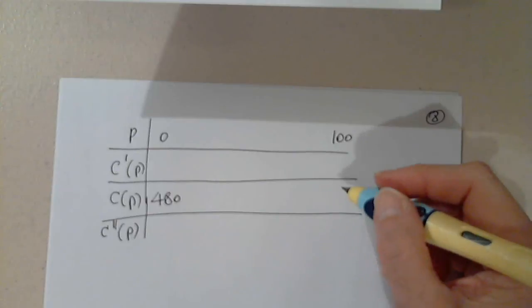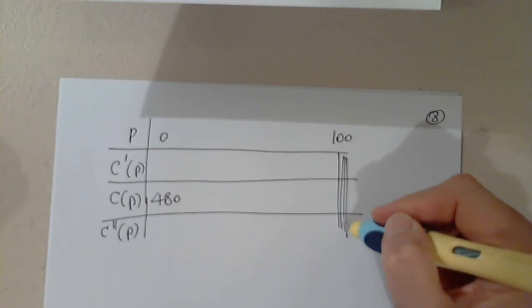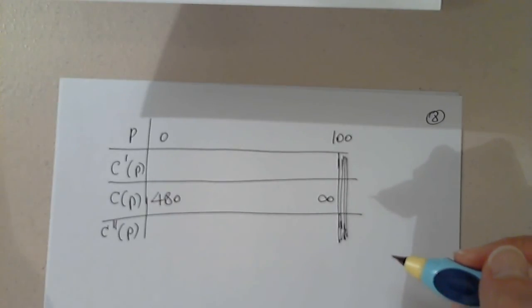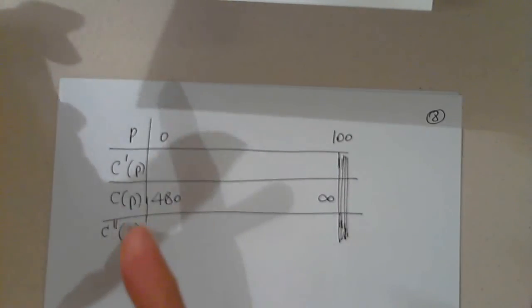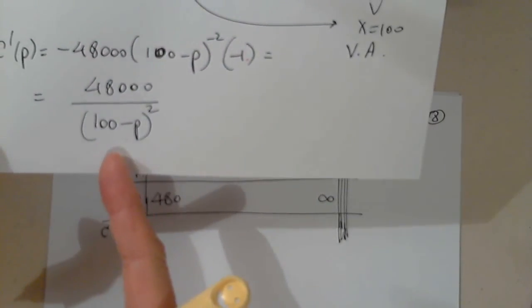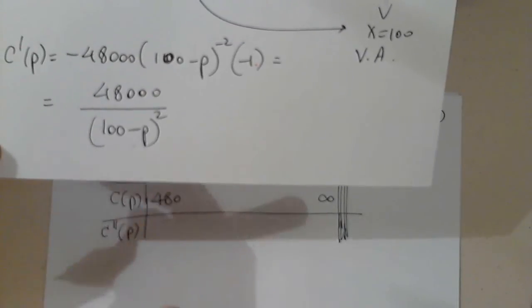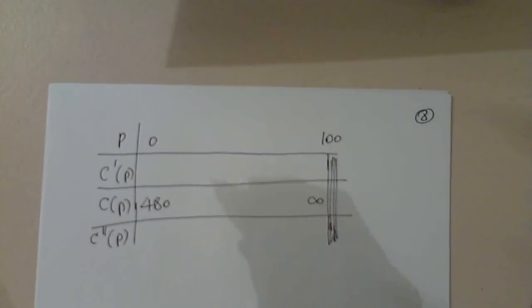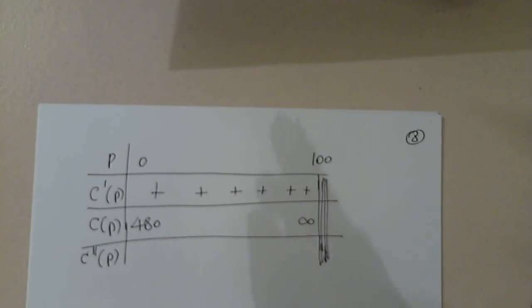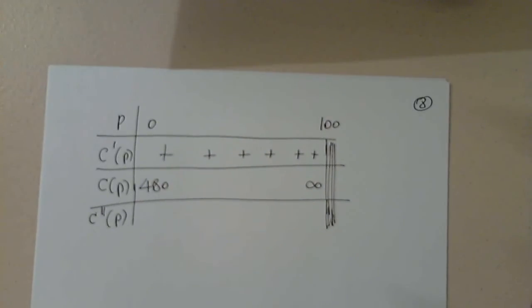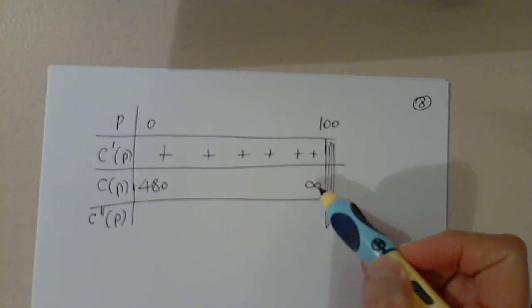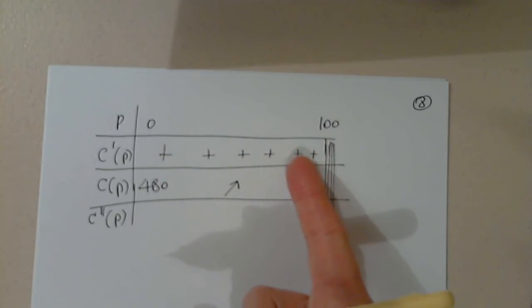And at 100, because the function is undefined at 100, the limit on the left of the vertical asymptote is infinity. Now, the first derivative is always positive, and it's never 0. Always positive. So now these two rows have to work together from 480 to infinity. Yes, the function is increasing, and so is this.